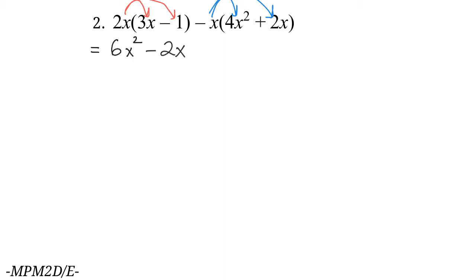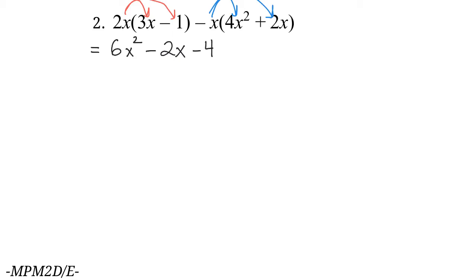We then can move on to the second set. So we've got -x or -1x. Remember, there is a 1 in front. So -1x multiplied by 4x squared. Well, if we focus just on the numbers first, we know that -1 times 4 is -4.